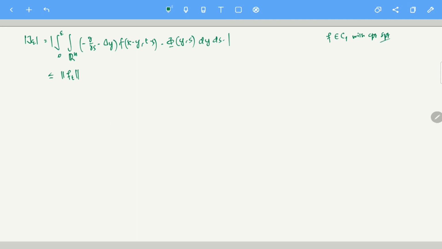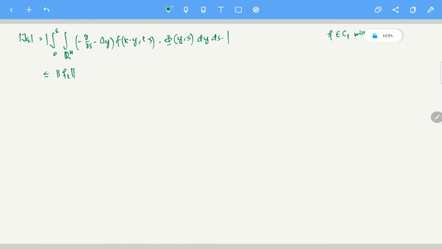With compact support, what does that mean? It means the closure of the set of all those x where f of x is non-zero is compact. Clear? So f with respect to the t variable must be bounded. And this bound we are just writing as the maximum of this thing, I'm just writing it with the infinity norm.